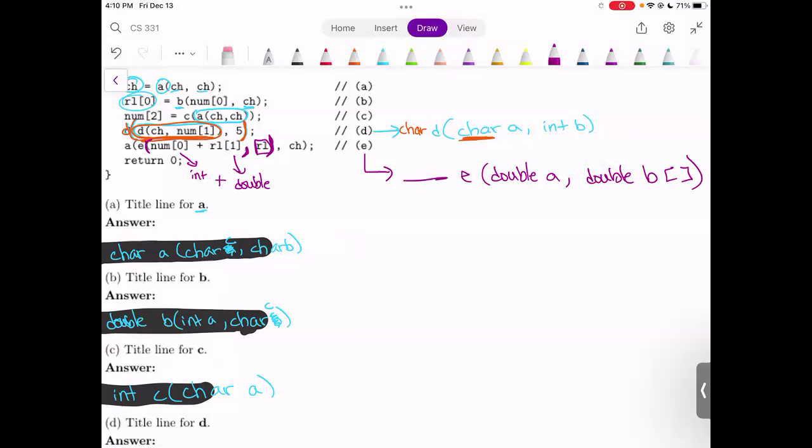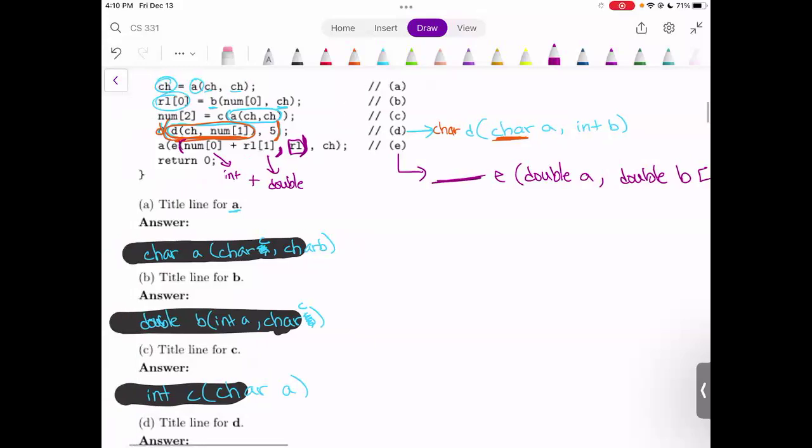Question is, what does it return? So it is the first parameter for A. This whole thing is the first parameter for A. And A's first parameter is a char.